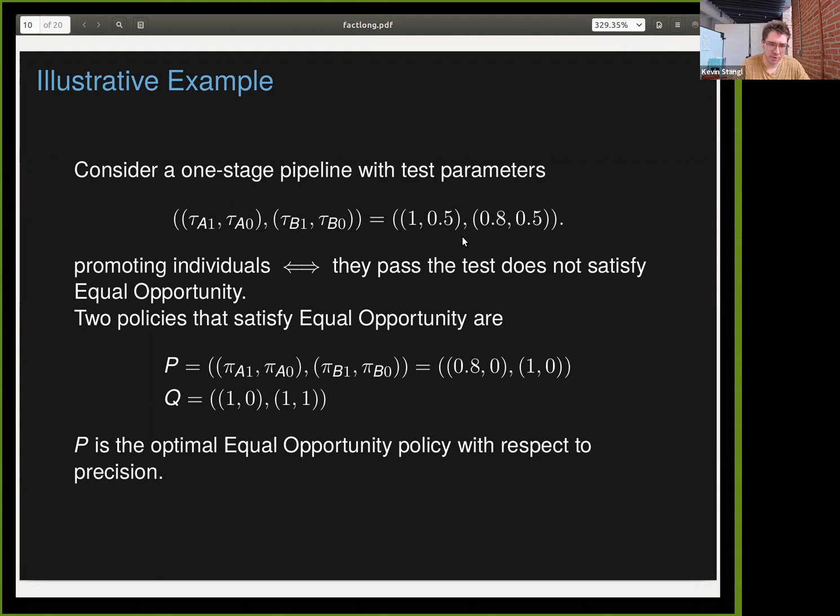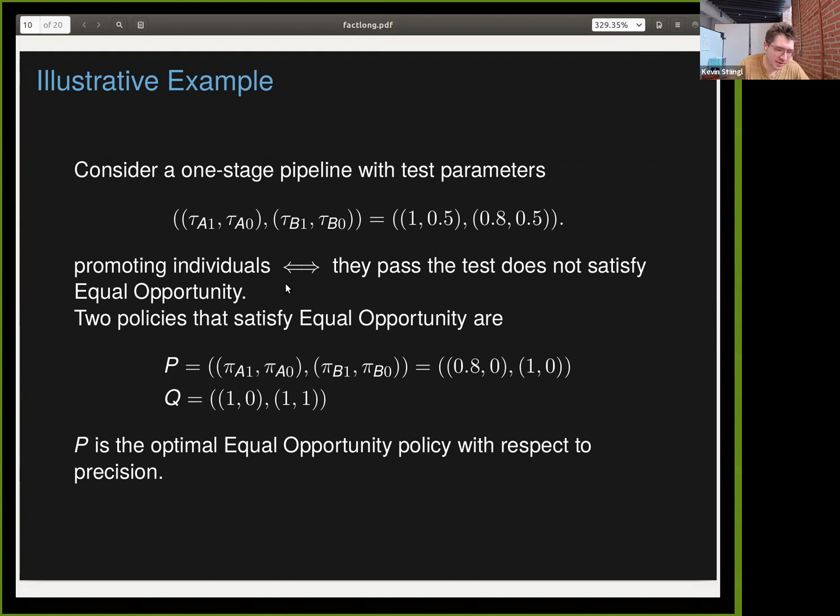But for group B, only 80% of positives pass the test and 50% of negatives pass. If you look at the fairness-unaware policy of only promoting people who pass the test, there's a little typo here, sorry about that, that policy doesn't satisfy equal opportunity, because for one group you have 80% and for the other you have 100%.